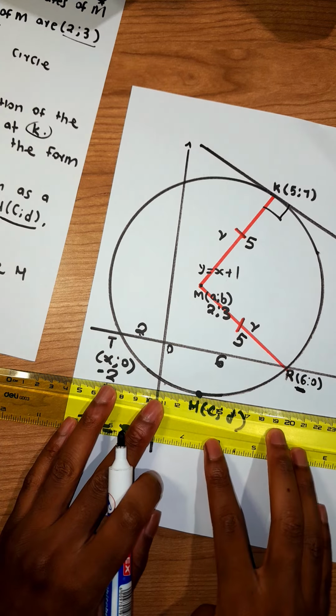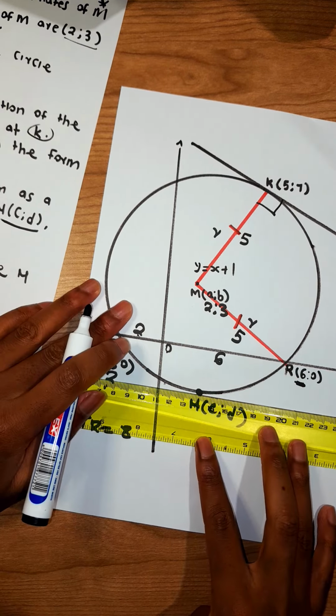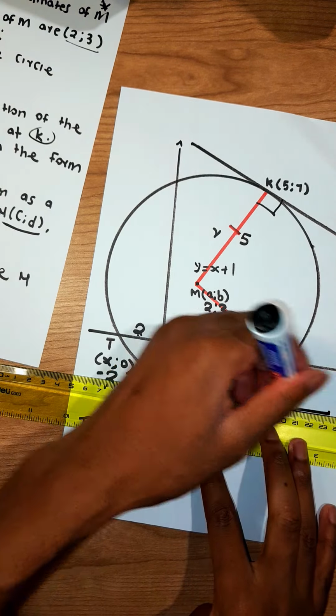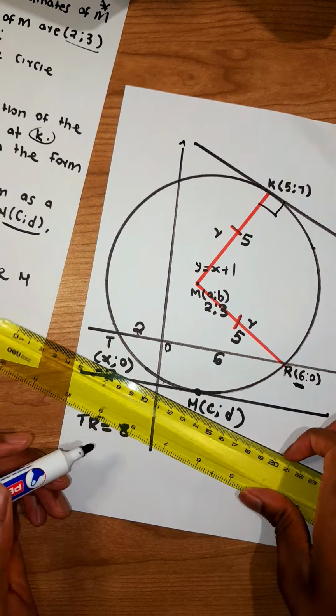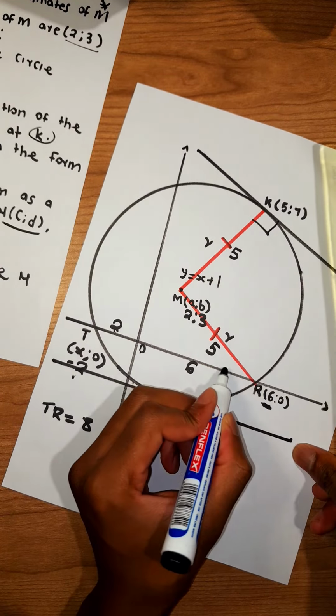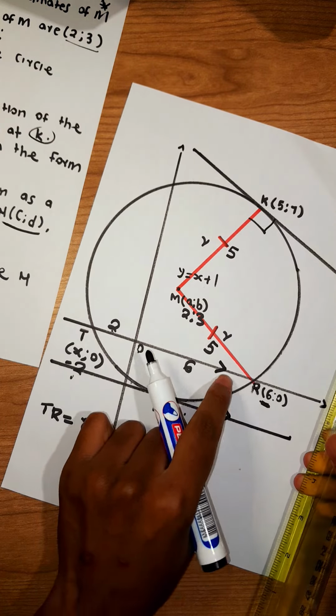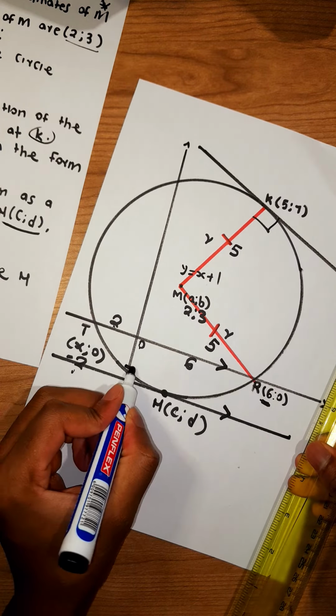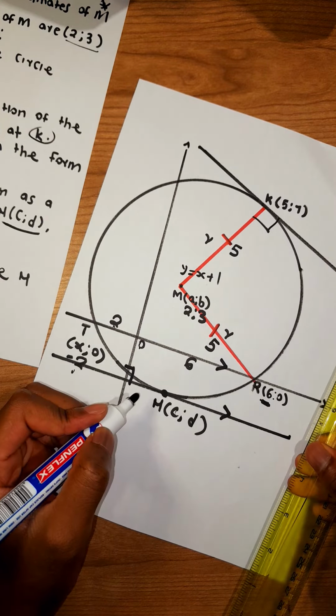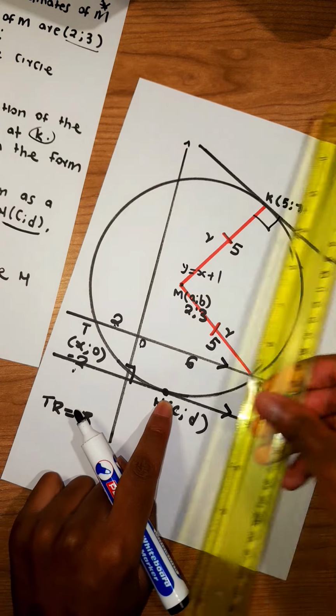But there are a few things that we need to do about this tangent. We have talked about this on exam focus. We said if a tangent is like this, it has to be parallel to the x-axis. So if it is parallel to the x-axis, this is going to be 90 degrees, right?